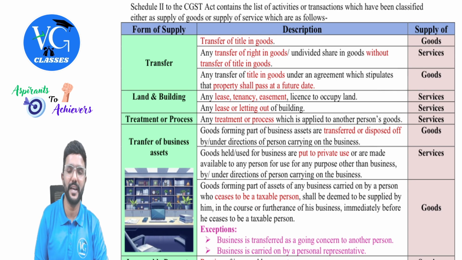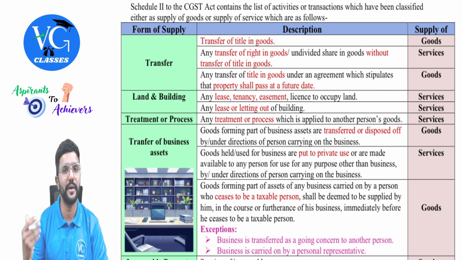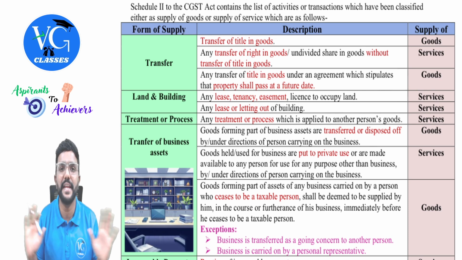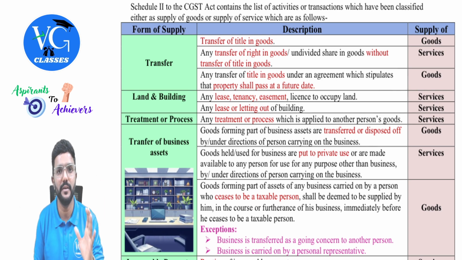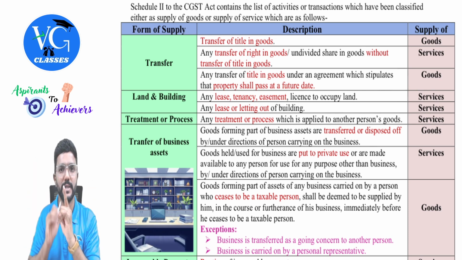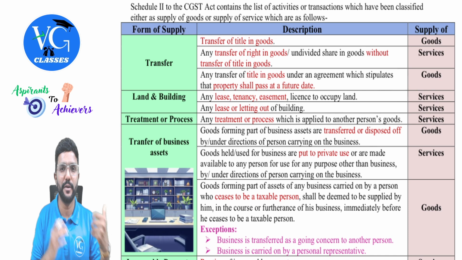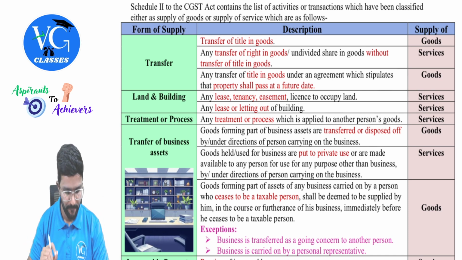And please be careful, if a building is let out for residential purposes, a few exemptions are there. But as of now, we are not covering any exemption, guys. We are just identifying whether an activity or transaction is a supply, and if yes, whether it is a supply of goods or a supply of services. That's all. We will talk about taxability and exemptions later.